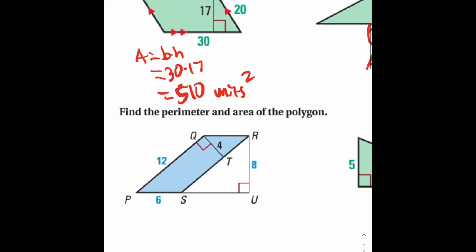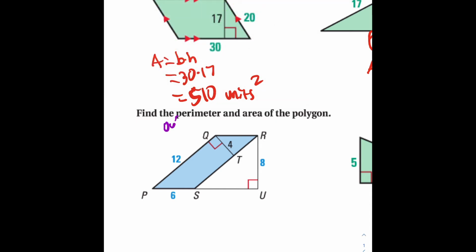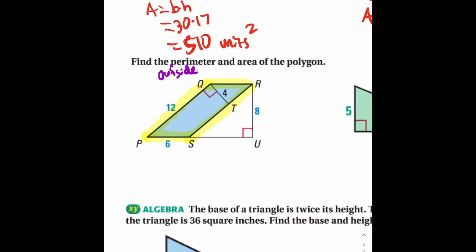Find the perimeter. So again, perimeter is another word for like the outside. If you think about a fence goes around the perimeter of a property. Since this is a parallelogram, I can state that this side is congruent to this side, so this is 6, and then this side right here is congruent to this side, which is 12.